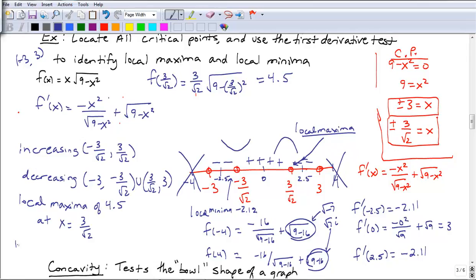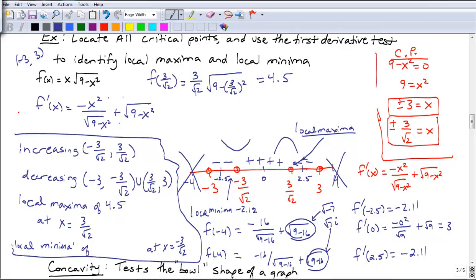Then there's a local minima, which will happen at x equals negative 3 over root 2. To figure out the local minima, I plug negative 3 over root 2 in there. And when I do that, I end up with negative 4.5.